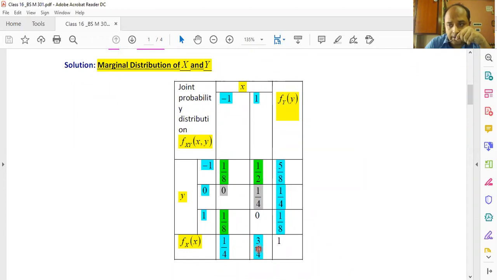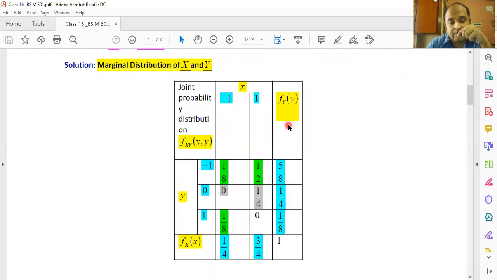Try to recall the definition of the marginal distribution of the random variable Y. The marginal distribution of Y is obtained when we take the sum on the basis of the values taken by the variable X. That means we take the summation of the joint probabilities, and the summation is taken over all possible values of X.